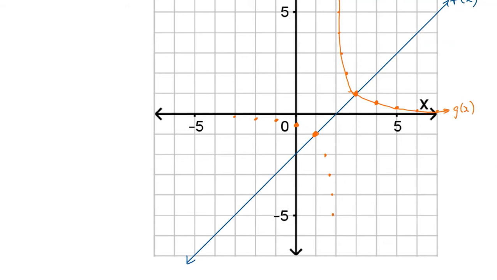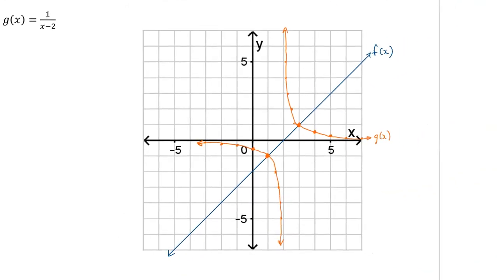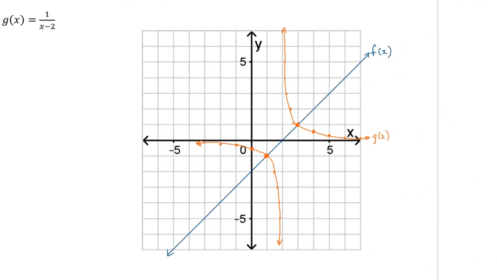And this one goes like this. Something like that. Okay, then we always draw in and label our asymptotes.